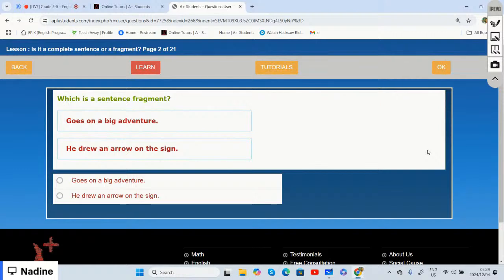So we need to say which one is a sentence fragment, option one or option two. Remember, a sentence fragment does not express a complete thought. It either is missing a verb or it's missing a subject.